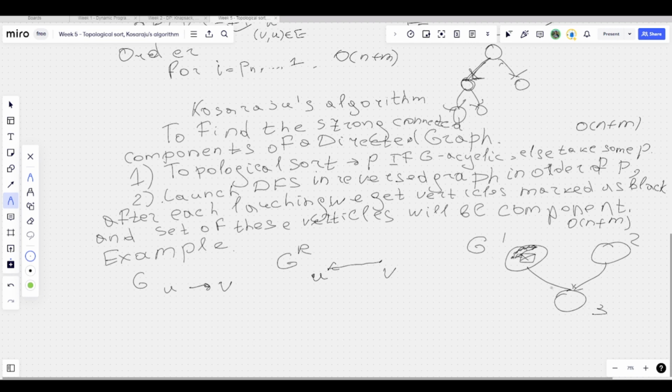In topological sort we get an order, and when we reverse our graph, we start visiting all of these vertices, this component, and then this component.